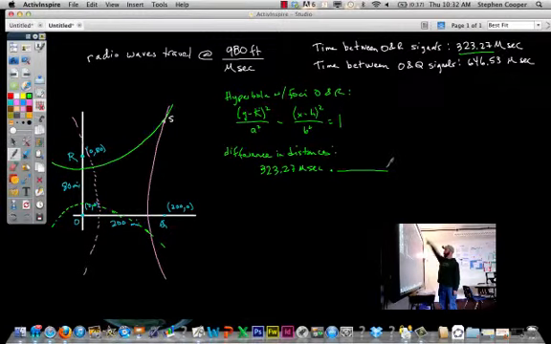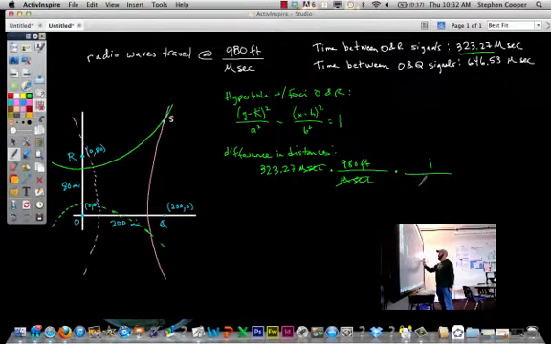So you're told that the radio waves travel at 980 feet per microsecond, and then I'm going to convert that into miles, because there's 5,280 feet in a mile. So that'll give me a distance, which I need a calculator to find.